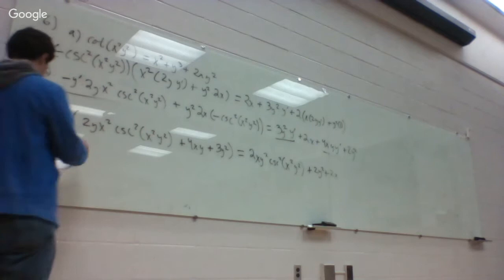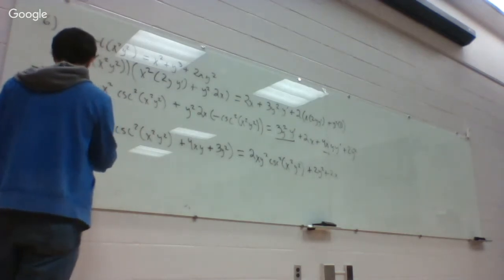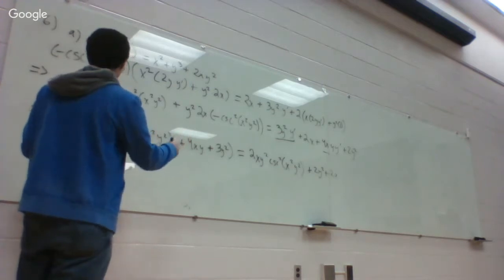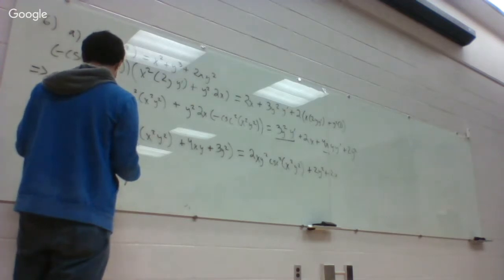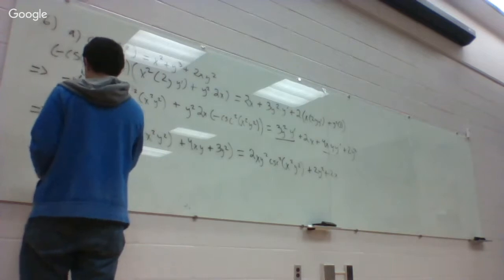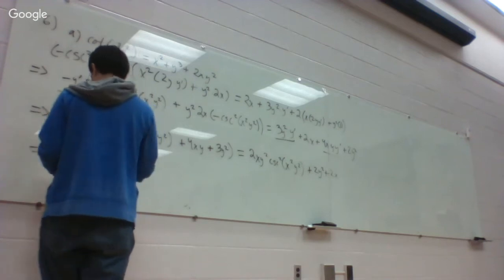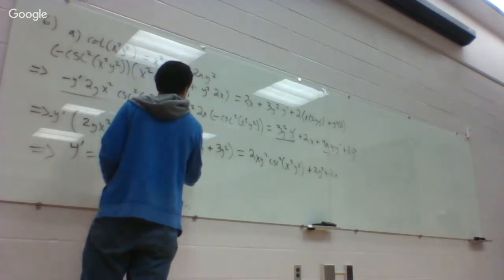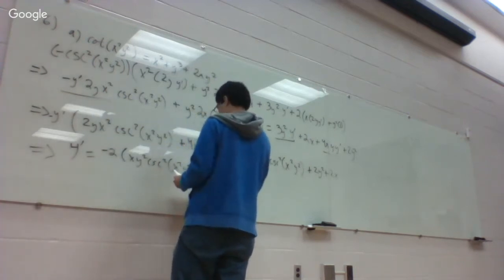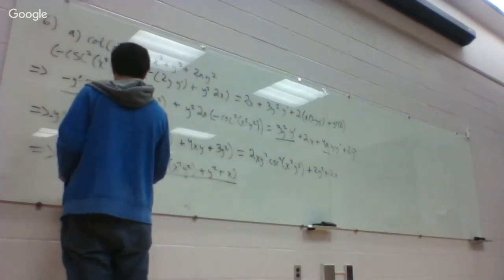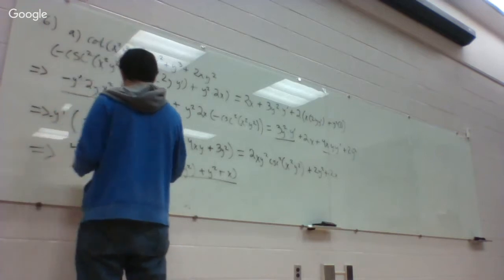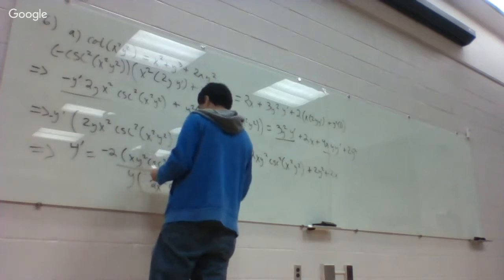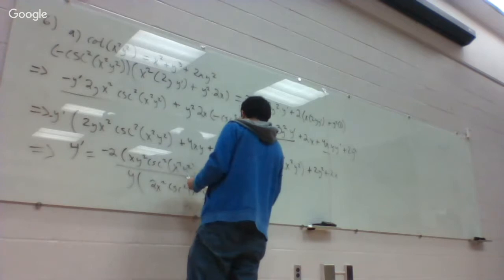Therefore, we have our answer, which is y prime equal to negative 2 times the quantity of xy squared cosecant squared x squared y squared plus y squared plus x, all over y times the quantity of 2x squared cosecant squared x squared y squared plus 4x plus 3y.